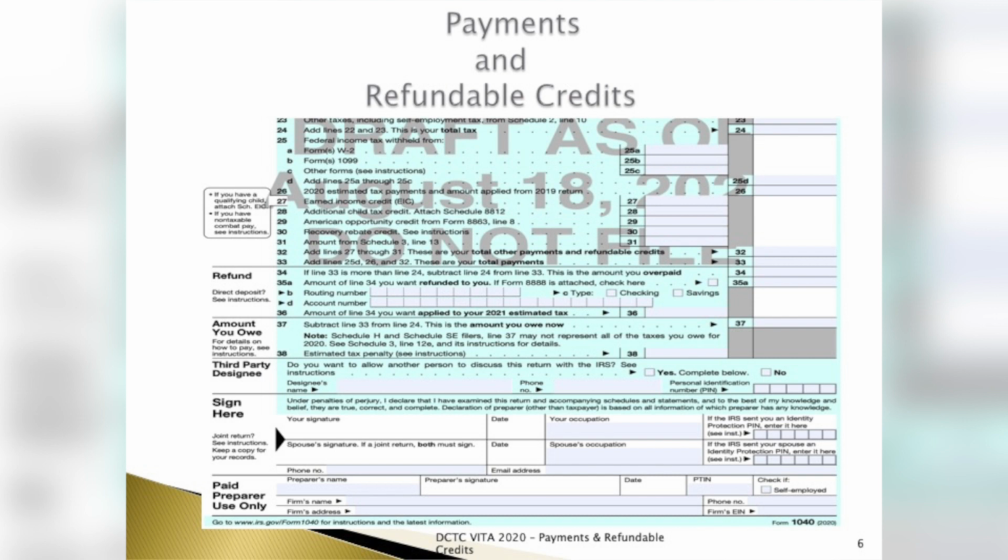This form can also be used by people who are not normally required to file a tax return but are eligible for the credit. The credit amounts were $1,200 per eligible taxpayer and an additional $500 per eligible qualifying child.